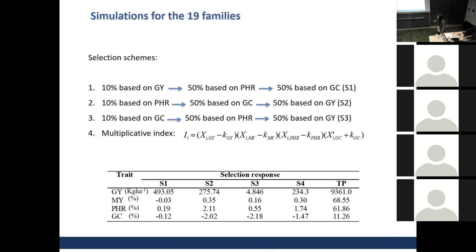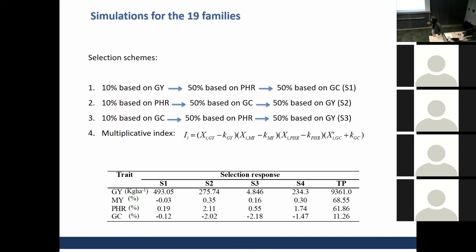And then we also evaluated a multiplicative index where we consider all the traits simultaneously. Here, this X is the mean for that progeny for that trait, and this K here is the minimum value, the lowest value, or the highest in the case of chalkiness, for that trait across all progenies.